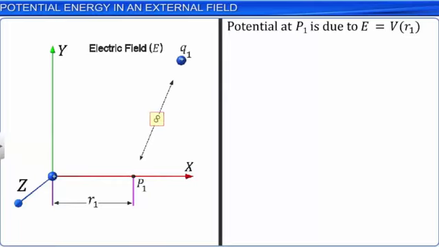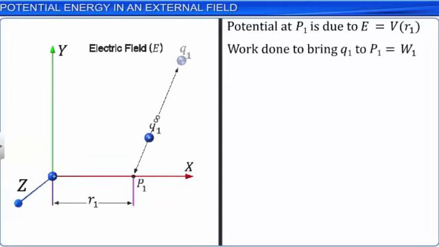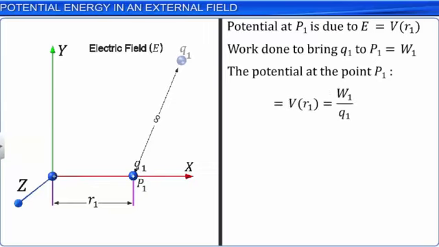If W1 is the work done to bring the charge Q1 from infinity to the point P1 in the external field, then the external electric potential at the point P1 is V of R1 equal to W1 by Q1. This implies that W1 equal to Q1 into V of R1.